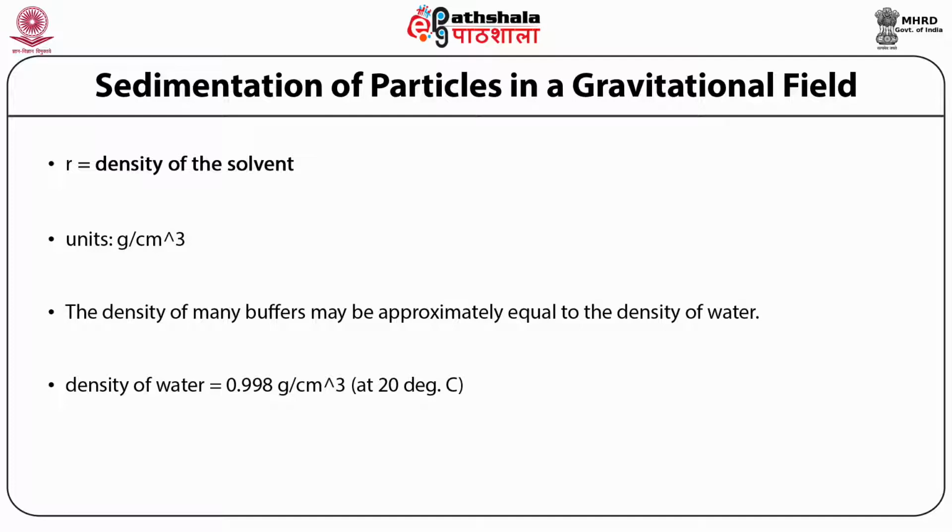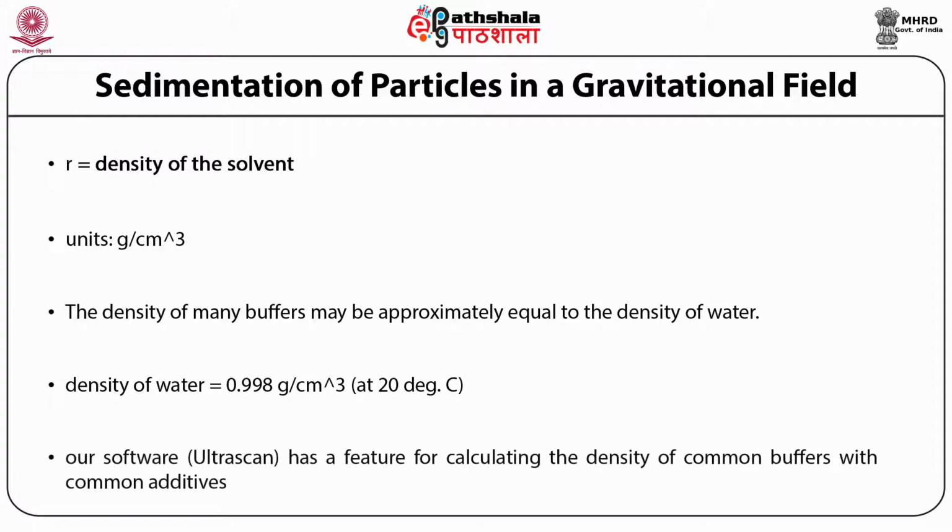However, if you use different kinds of buffers, then you have to take the composition of that buffer into account, and especially the molarity of the solution is also an important factor in considering the density of the solvent. One software known as Ultrascan has a feature for calculating density of common buffers with common additives, and that can be utilized for the data analysis of ultracentrifugation techniques.